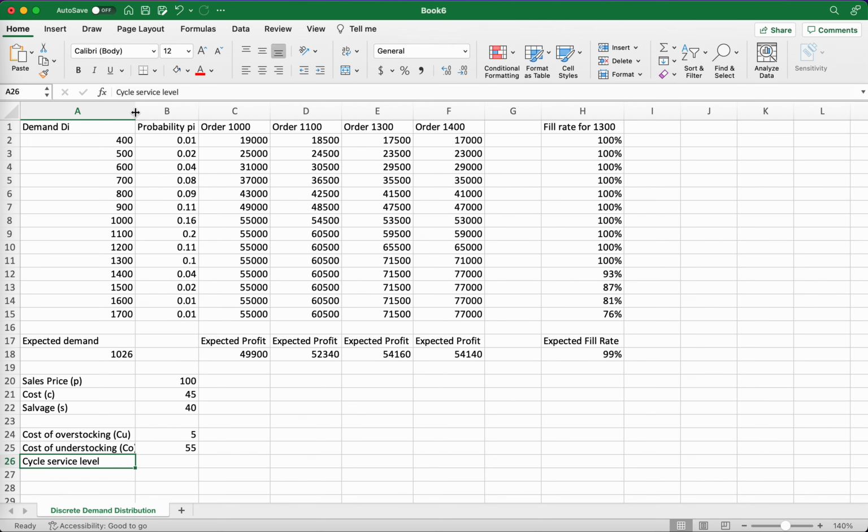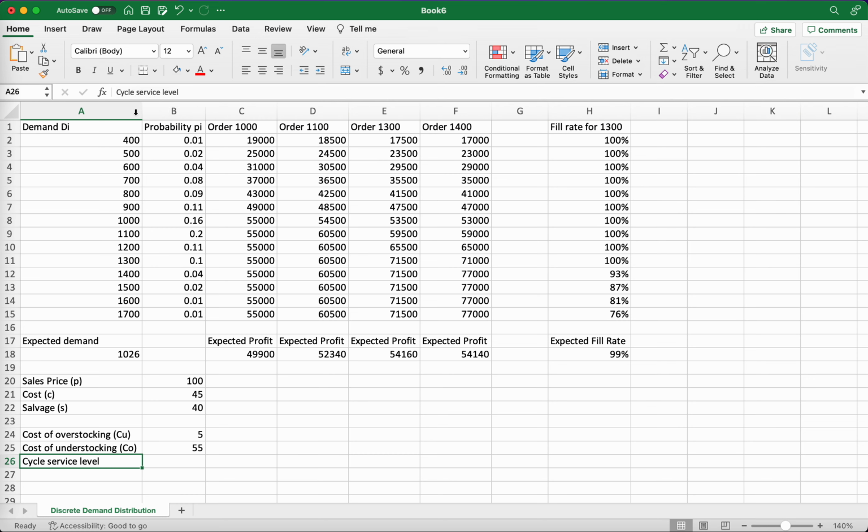Now, the cycle service level is calculated using a formula, which is CU divided by CU plus CO. Like I said, it is based upon the relative values of CU and CO. If you add up the values of CU and CO, what percentage of that is represented by the cost of understocking? That is what the cycle service level is calculating. So it is CU divided by CU plus CO.